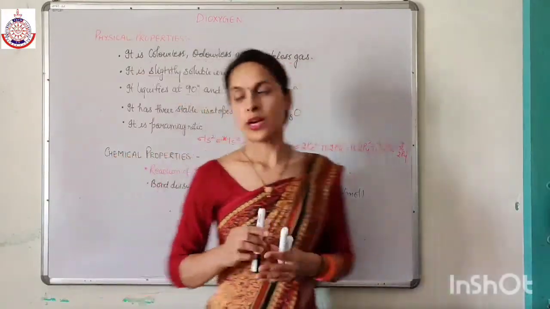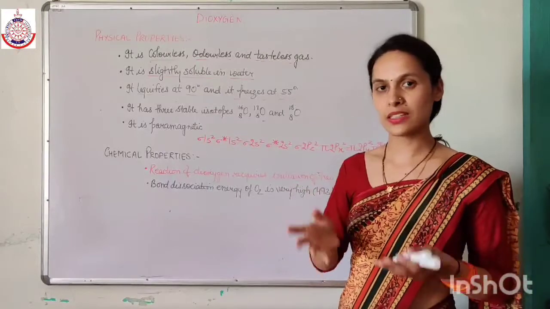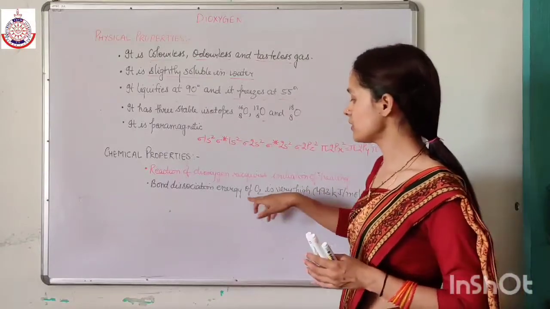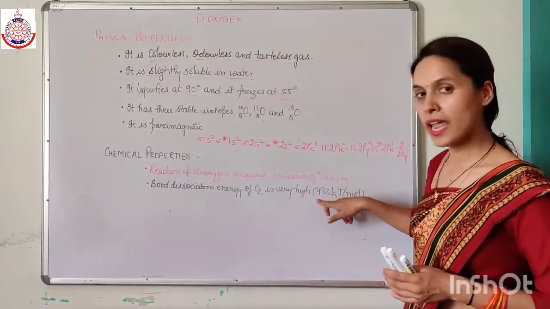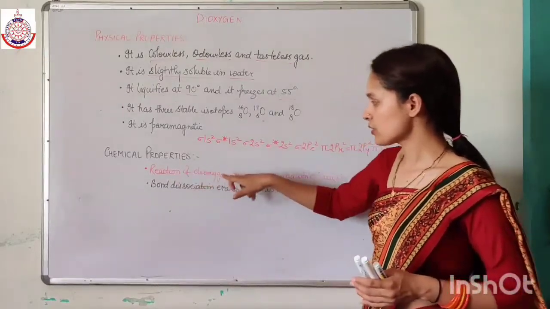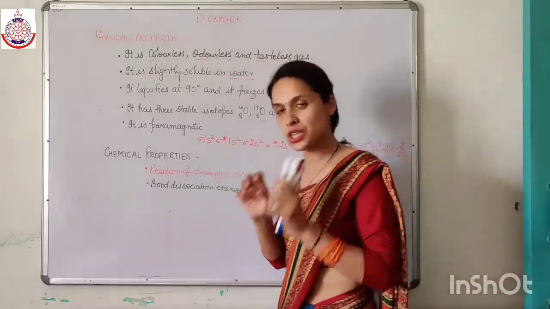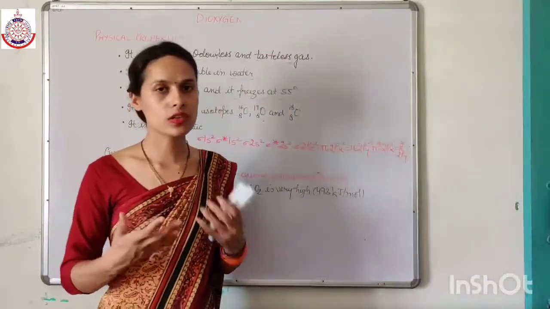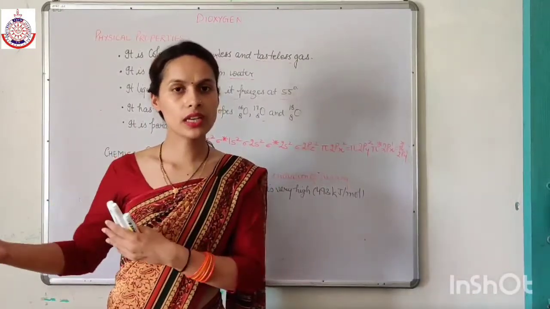So what is bond dissociation energy? The amount of energy which is required to break the bond. The amount of energy required to break the bond of the oxygen molecule is very high, and therefore the reactions of dioxygen always require initiation of heating. But why not after starting of the reaction?